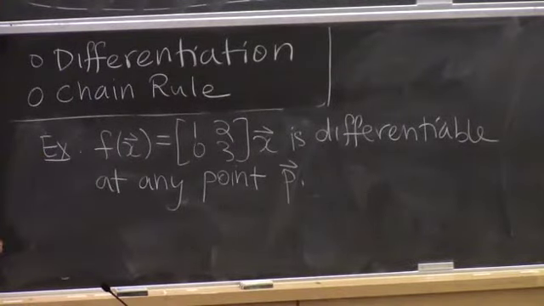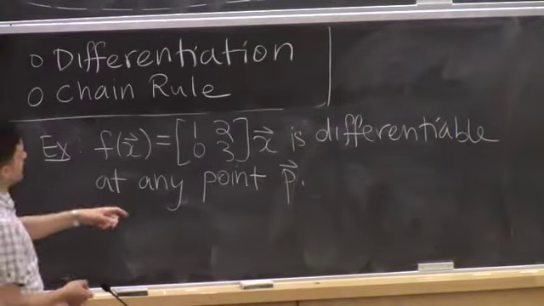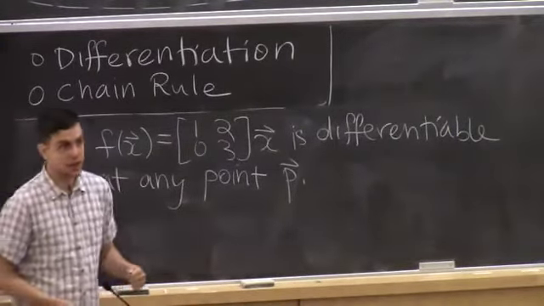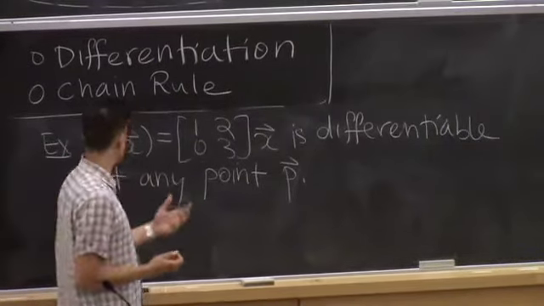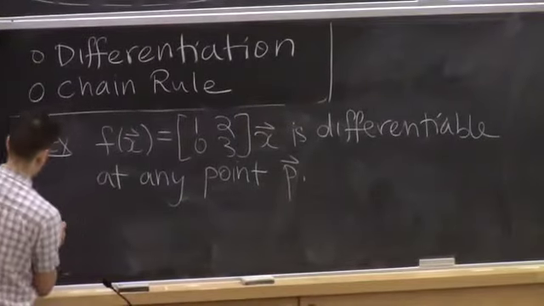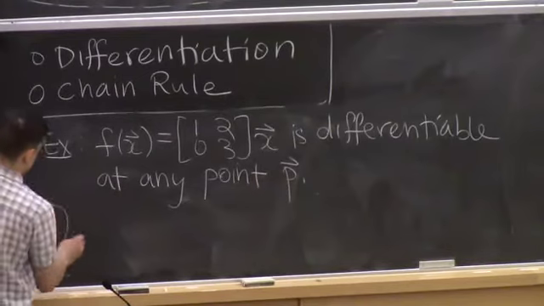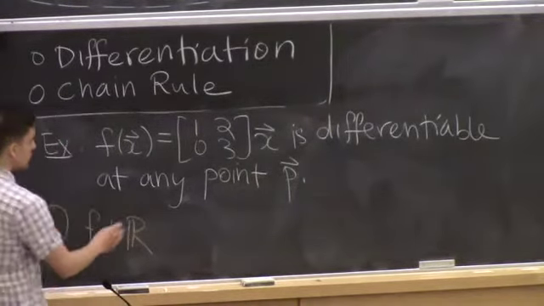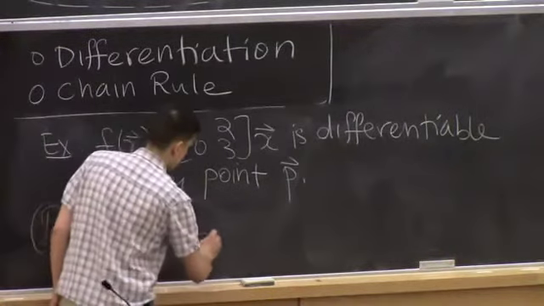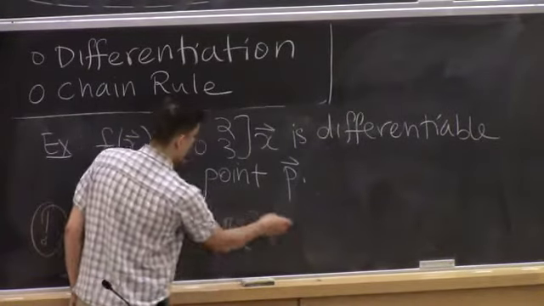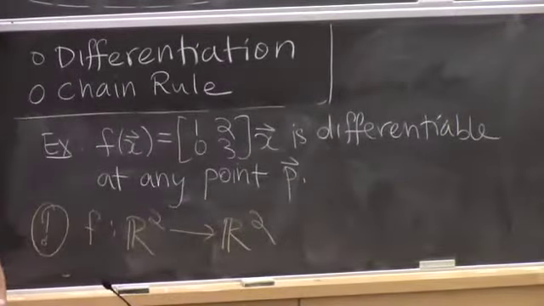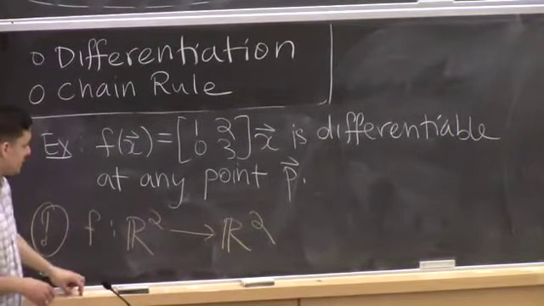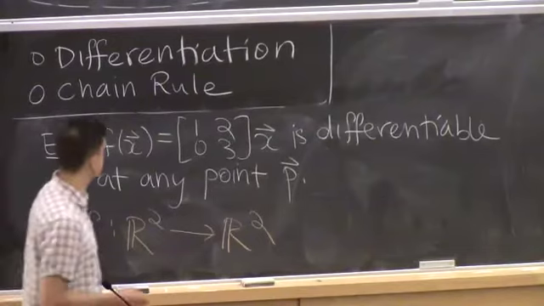So what does this function do? It takes an input and it multiplies it by a matrix. Okay, so this is a function that takes a two-dimensional input and gives a two-dimensional output. Okay, so let's check that this guy is differentiable.